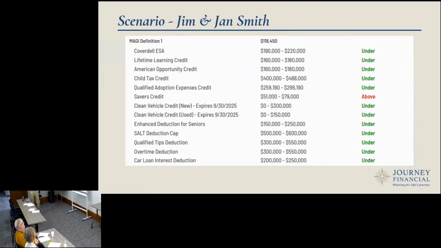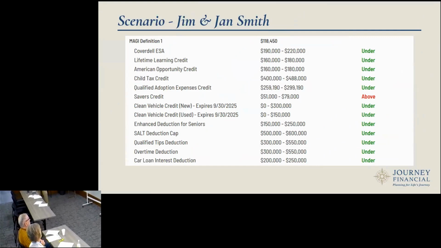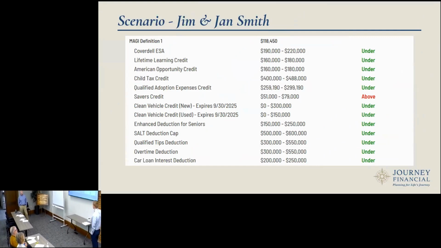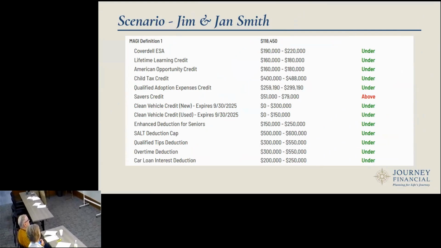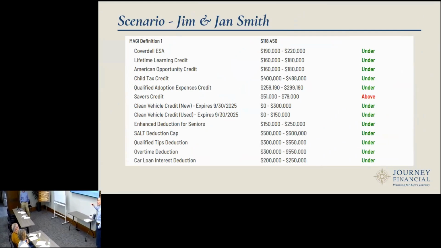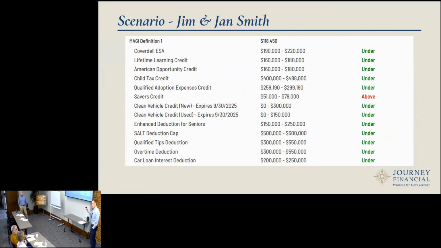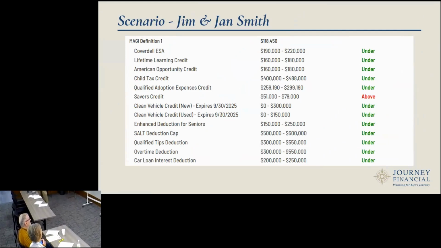And I won't spend a whole lot of time on these next two slides, but what's important to understand is that your modified adjusted gross income, so MAGI, is the number that drives, as we talked about, the ability to qualify for deductions and to qualify for credits. So that modified adjusted gross income number is very important.